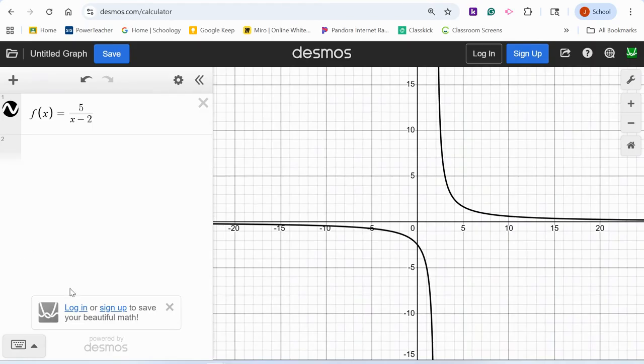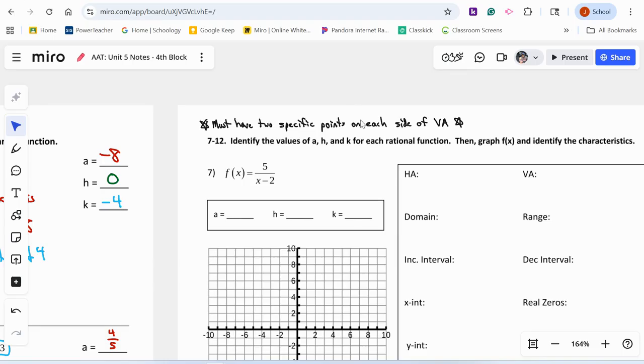All right, not bad, but not super helpful because you can see in the graph here, we need to have 2 specific points on each side of our vertical asymptote. That is going to be the requirement. Now, notice it doesn't say precise points. Precise would be non-decimal. Specific means we just need to see clearly graphed points along the curves that you're drawing there. So they're going to have to be decimals. You'll see. It's unavoidable.